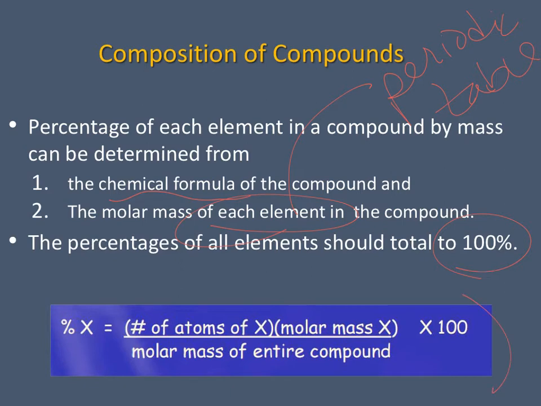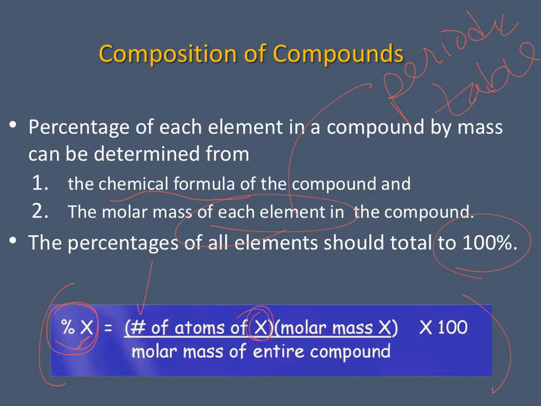You're probably going to want to jot down this formula because it'll be a good reference for you as you're working problems, and ultimately in the test you'll have to have it committed to memory. So if I ask you to calculate the percent of an element X in a compound, the first thing you want to do is count how many of those atoms of X are in that compound.